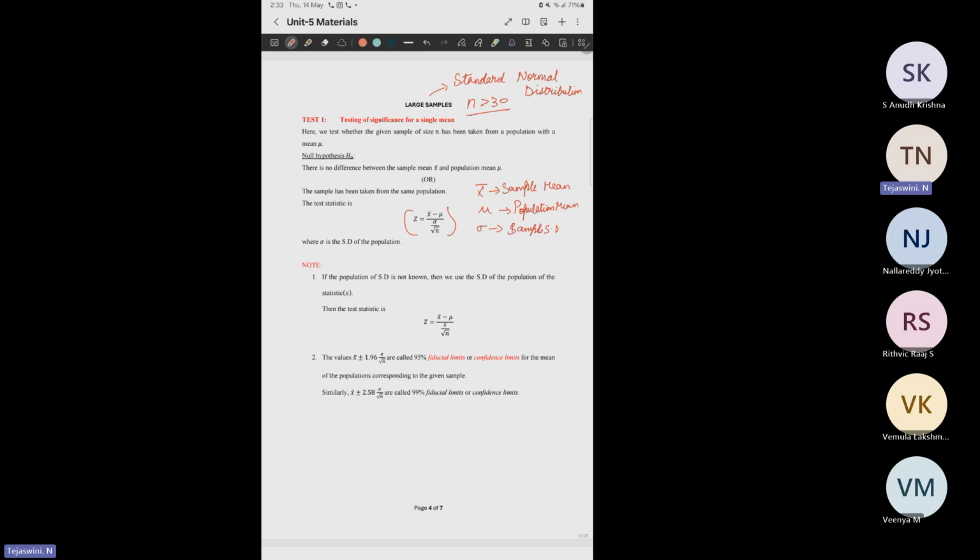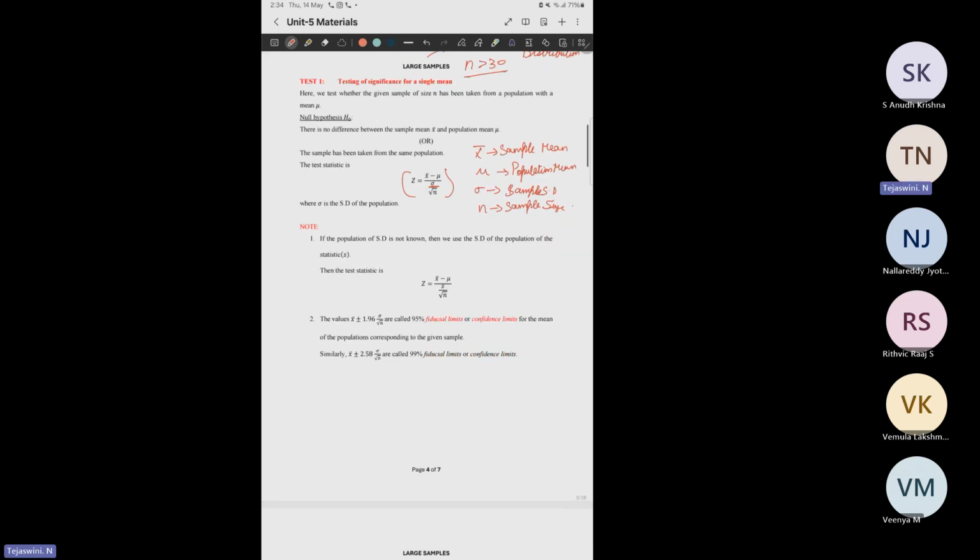This is standard deviation, this is not variance. Variance will be sigma square. And n is the sample size. Similarly, if we are not given the sample standard deviation, then we can use S, the population standard deviation.